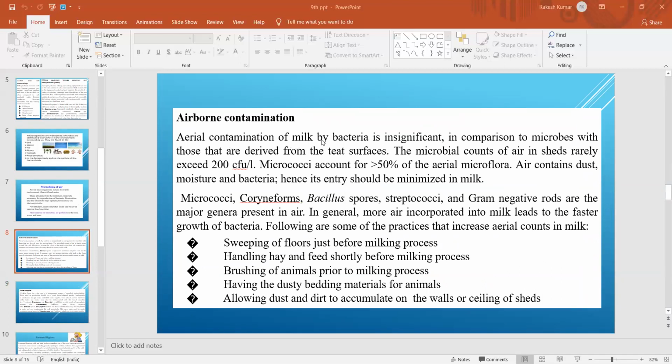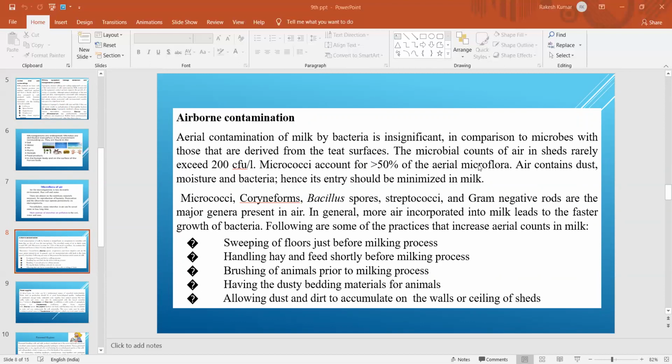Now something about airborne contamination. Aerial contamination of milk by bacteria is significant in comparison to microbes derived from the teat surface. The microbial count of air inside rarely exceeds 200 CFU per liter. Then micrococci account for more than 50% of aerial microflora. Air contains dust, moisture, and bacteria, hence its entry should be minimized in milk.